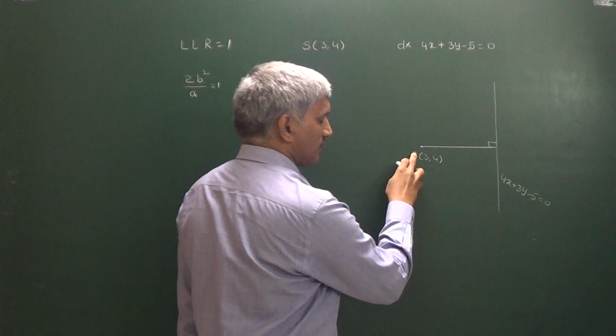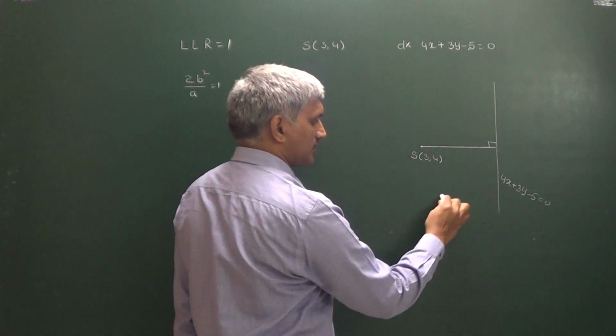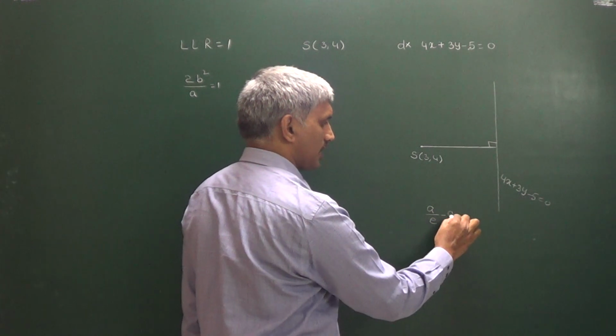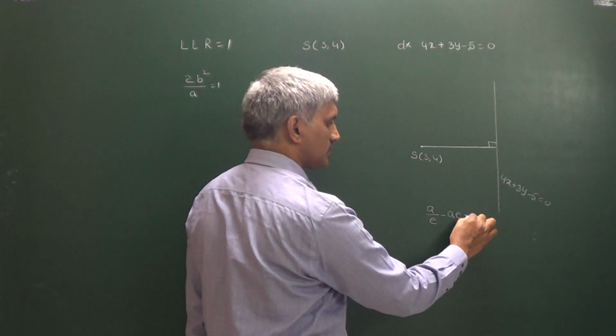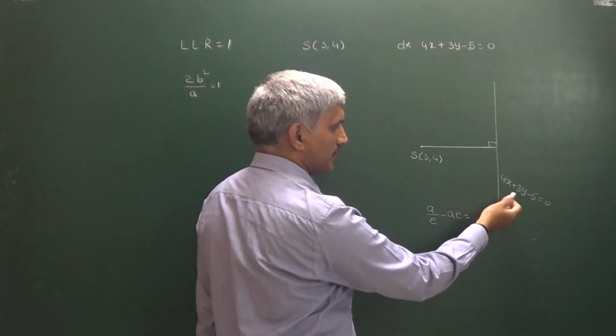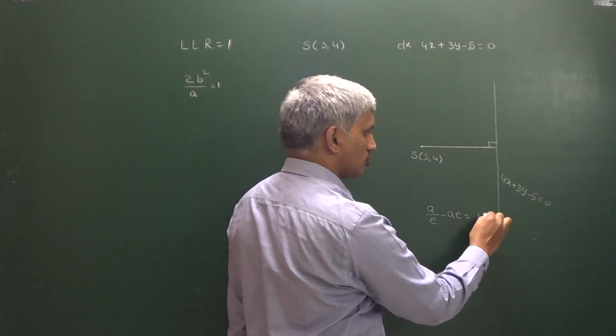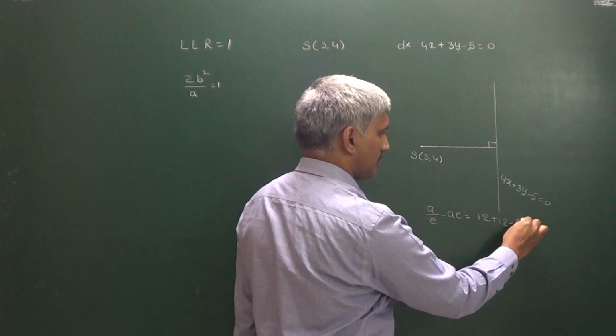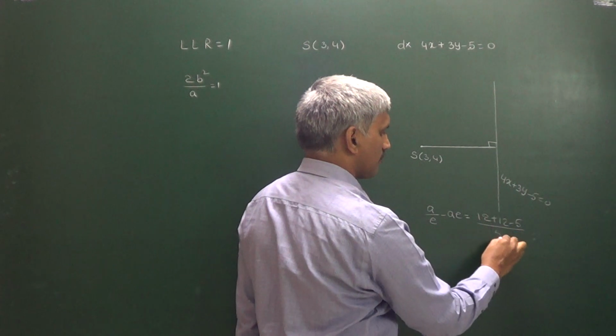The distance between focus and directrix is nothing but a/e - ae. That distance is the perpendicular distance from a point onto this line, that is equal to (12 + 12 - 5)/5.